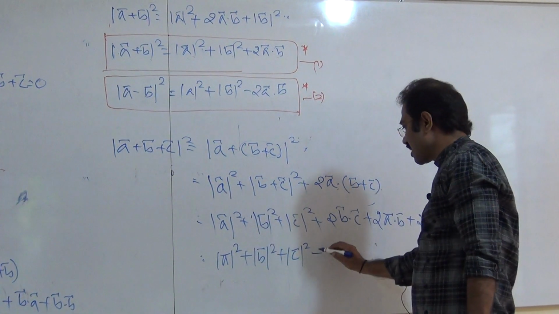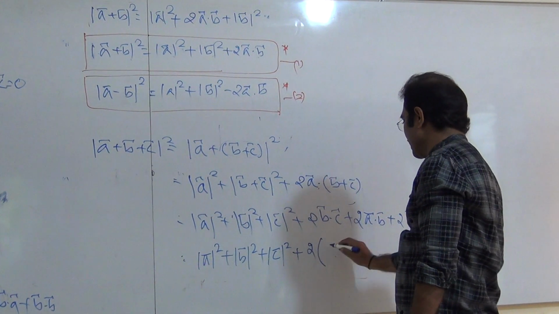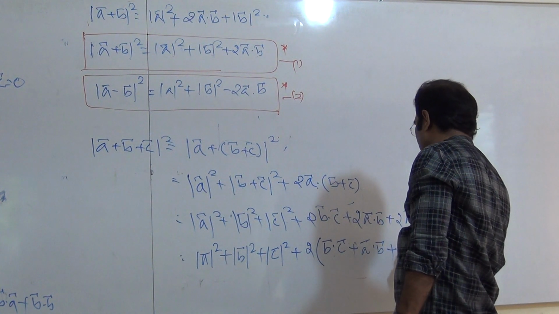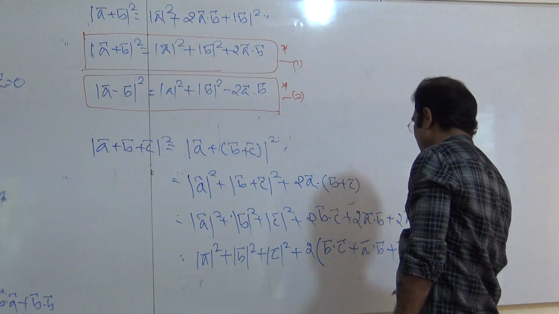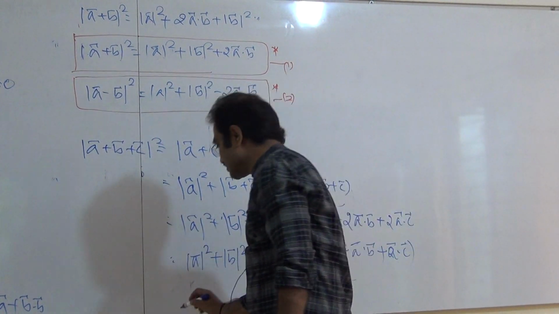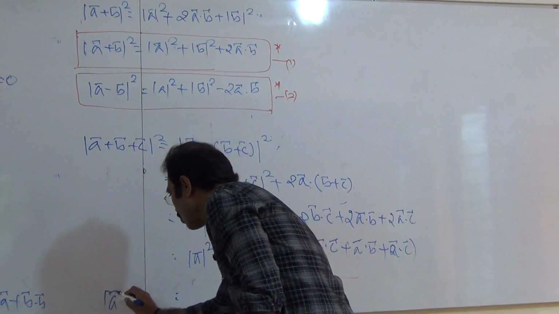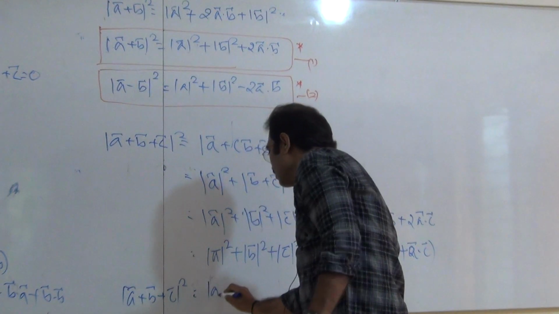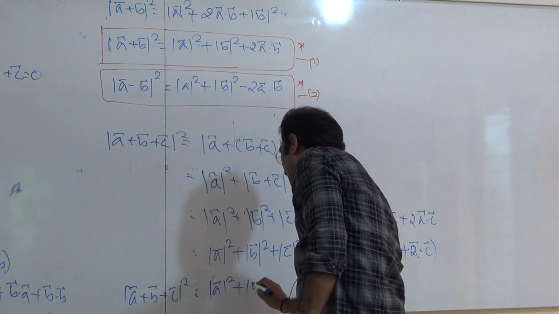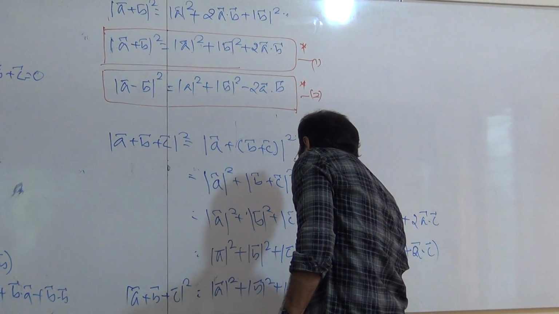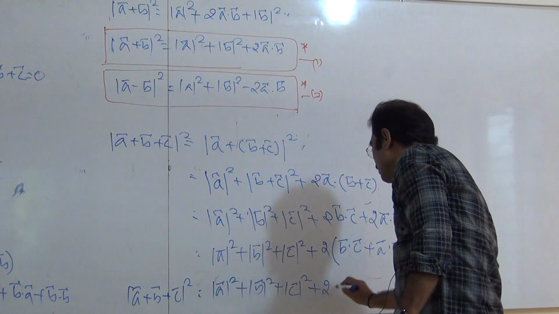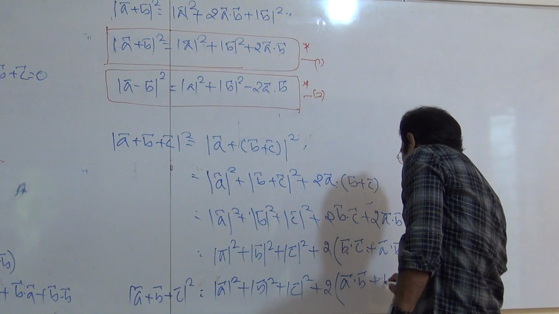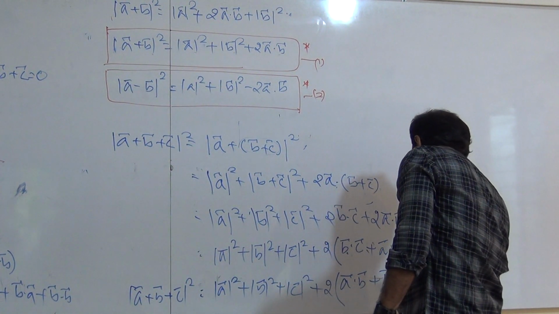If you write this, magnitude of A square, magnitude of B square, magnitude of C square, I take 2 common, you get B dot C, A dot B, A dot C, right? Or write it in a systematic way: magnitude of (A plus B plus C) square is equal to magnitude of A square plus magnitude of B square plus magnitude of C square plus 2 into (A dot B plus B dot C plus C dot A).